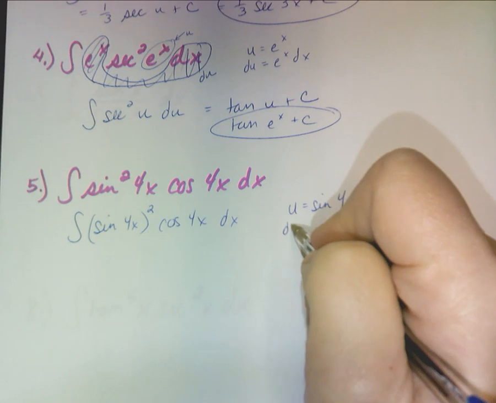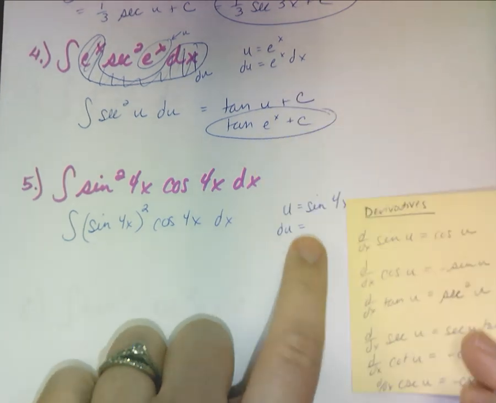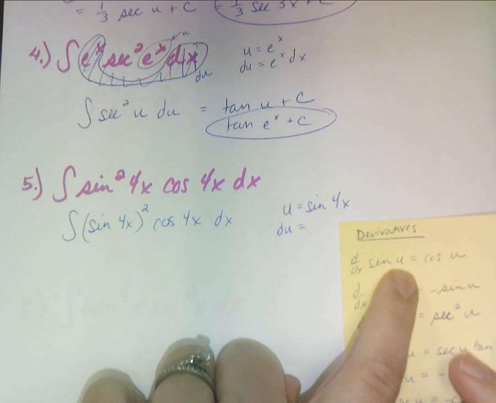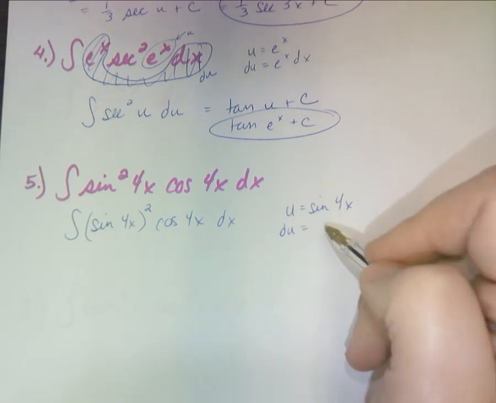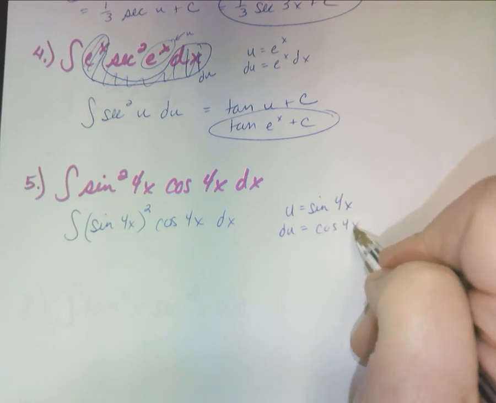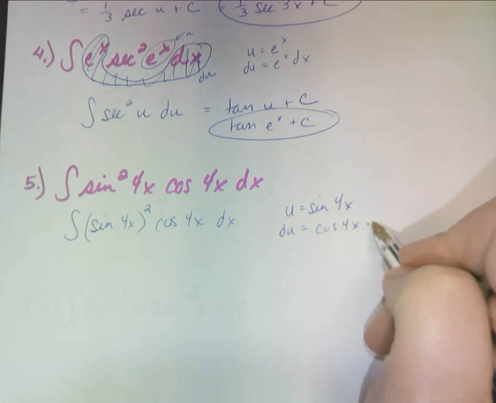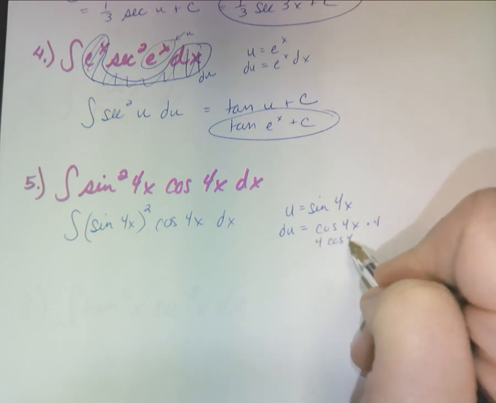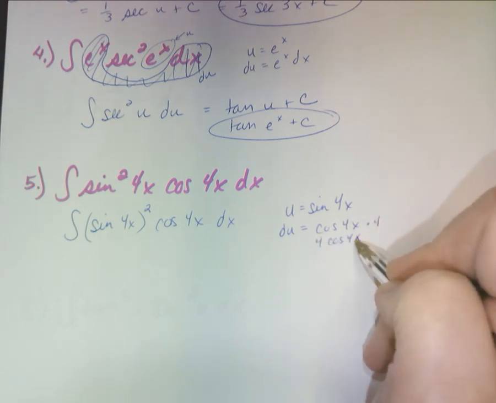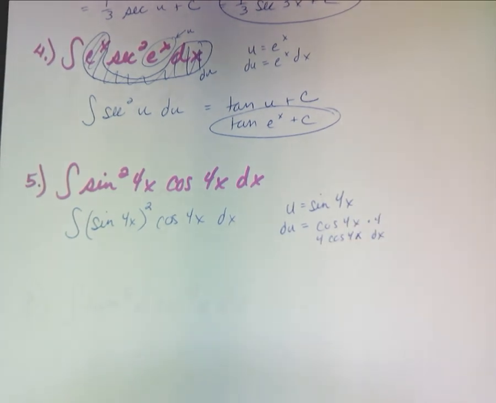What's the derivative? What's the du? Again, you have your little sheet here. The derivative of sine u is cosine u. Now this is going to be hard for you to remember. It's not just cosine 4x, it's cosine 4x times the chain, 4, or 4 cosine 4x. And then don't forget dx, because we multiply by dx on that side.